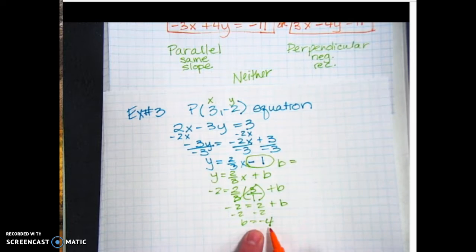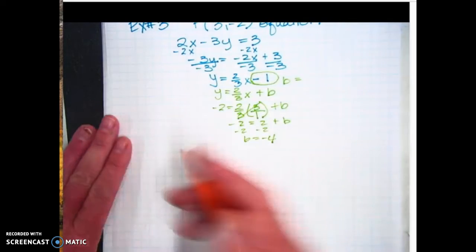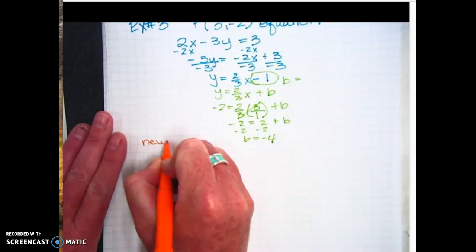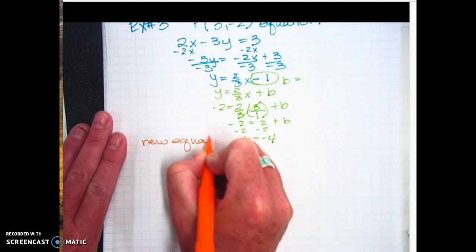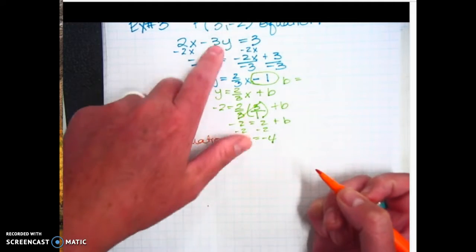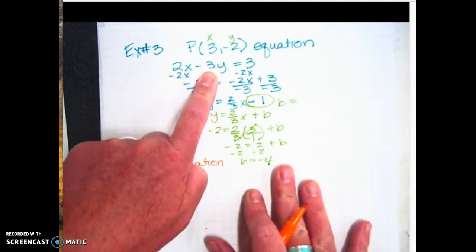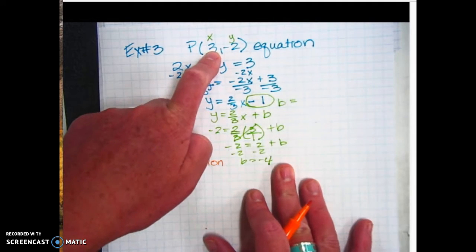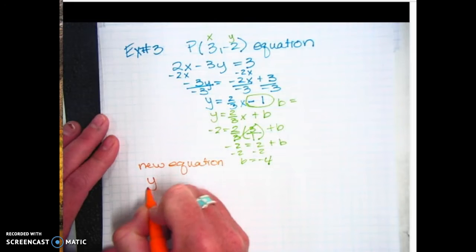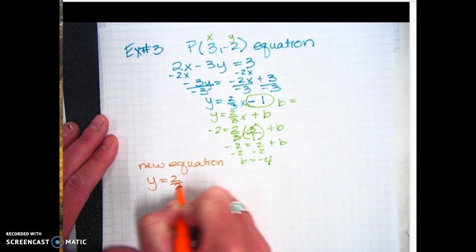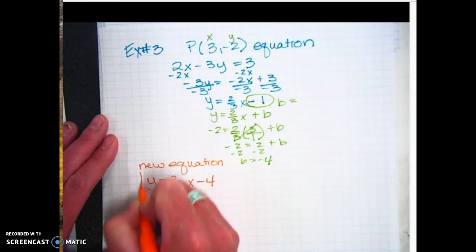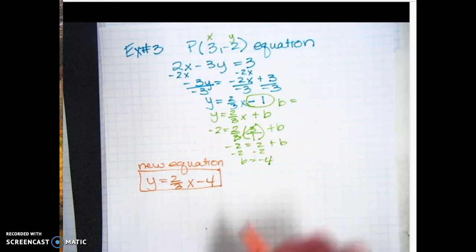So now we have our new b. So that gets us our new equation that is basically this same line, but now it goes through this point (3, -2), and it's y equals 2/3 x minus 4. That's our new equation.